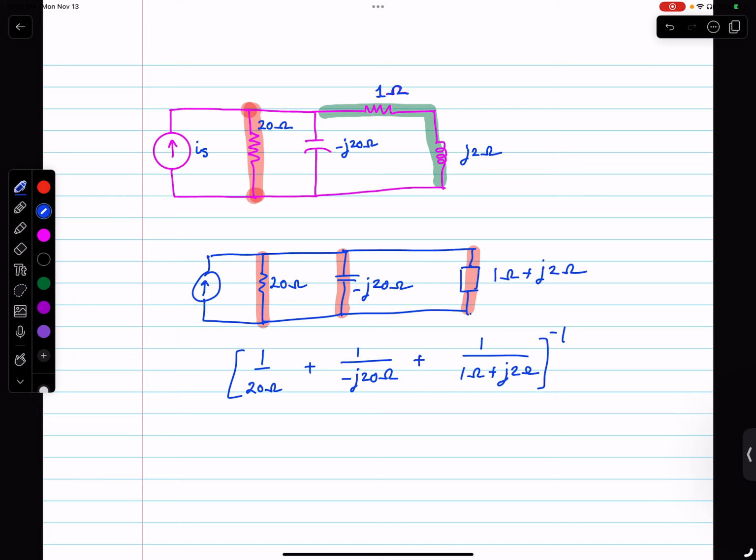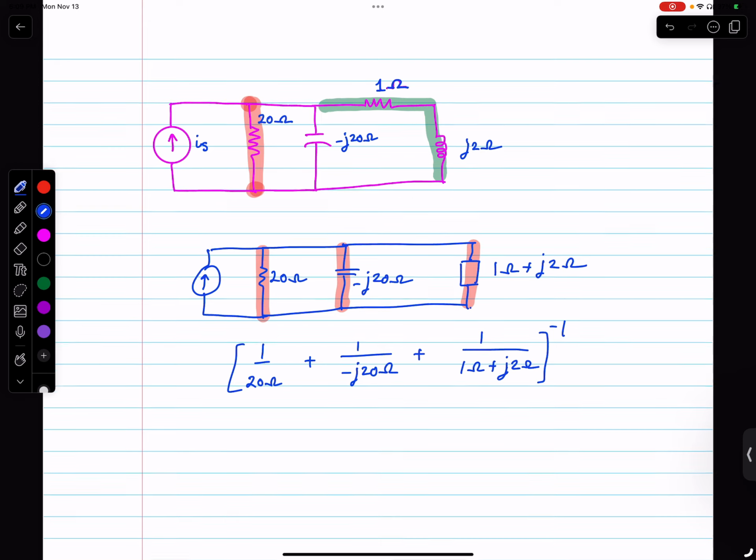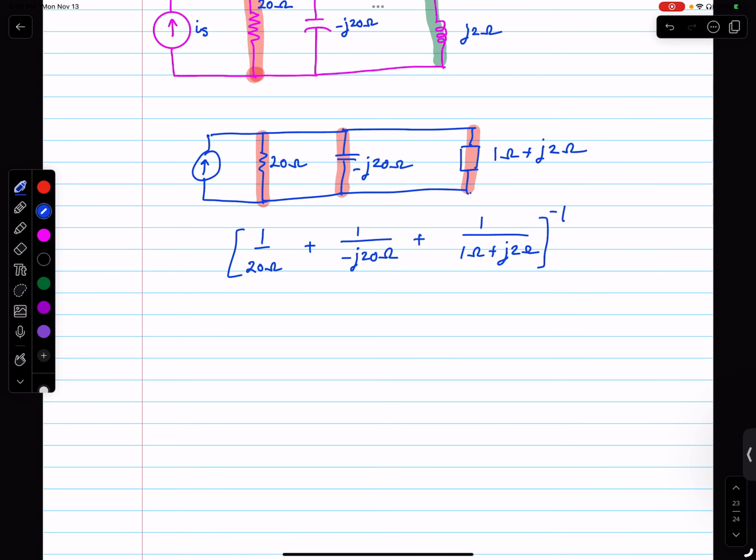This is a parallel combination, pretty straightforward, right? Now we can calculate this to be 0.05 plus j 0.05 plus 0.2 minus j 0.4, okay?